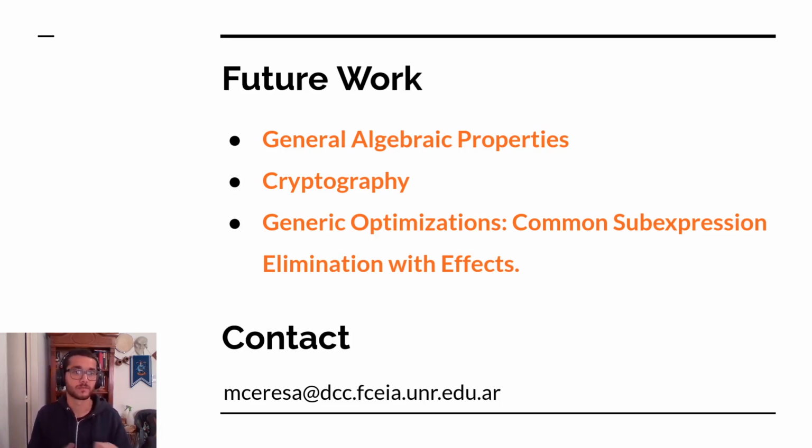And we are also trying to prove some classic known optimizations, but with the presence of effects. For example, the common subexpression elimination, which is a classic compiler optimization. We actually prove that it is an improvement where the only observable effect is divergence, which is the same as Sands did in the 90s.